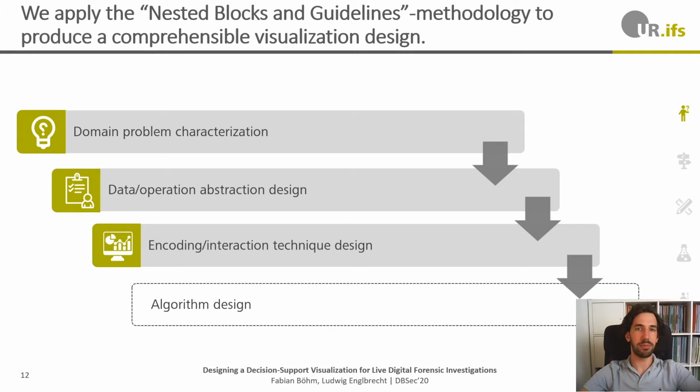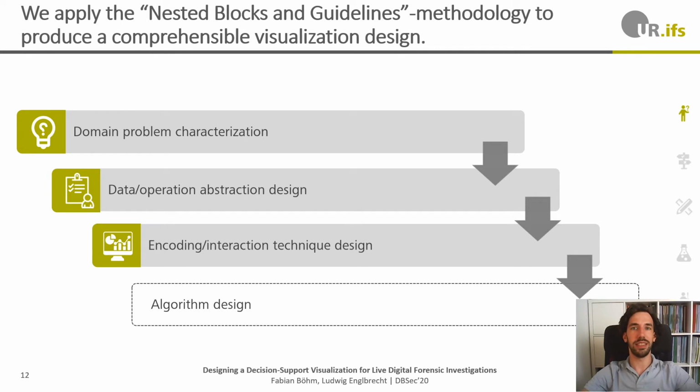We have this domain problem characterization, which aims to build an understanding of the problem for which a visualization should be designed. The data and operation abstraction design analyzes the data and the user tasks stemming from the domain problem from a visualization point of view.